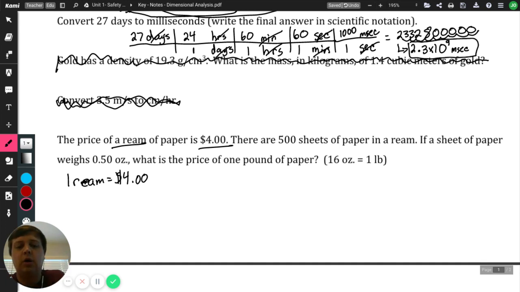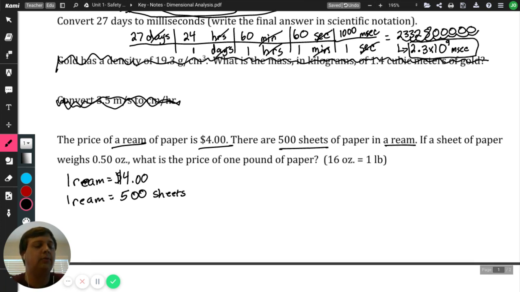Again, something I know. 1 ream equals 500 sheets. Okay, keep moving. So we've used that one and this one. It says if a sheet of paper weighs 0.5 ounces, again, something I know. So 1 sheet equals 0.50 ounces.